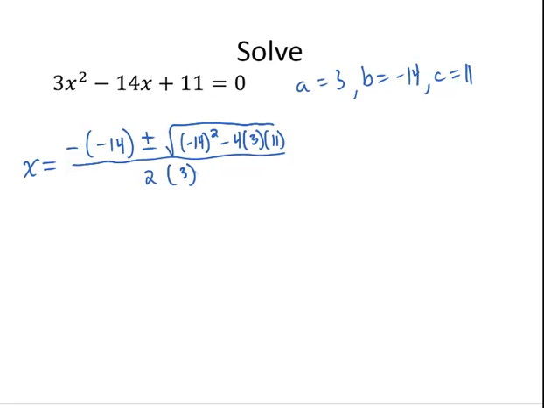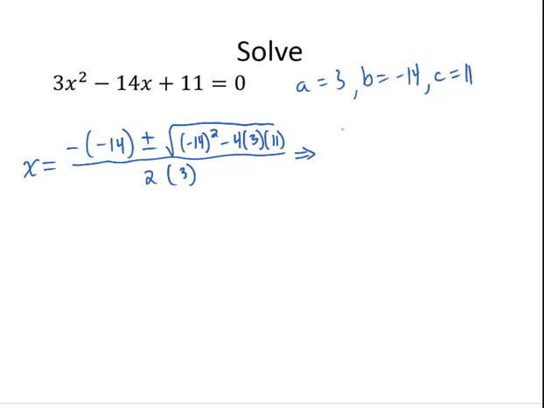Notice that when I made those substitutions, I put all of those substitutions in parentheses to help me keep track of sign issues and to remember that on the right, under the radical, there's some multiplication. Alright, so now we begin to simplify.